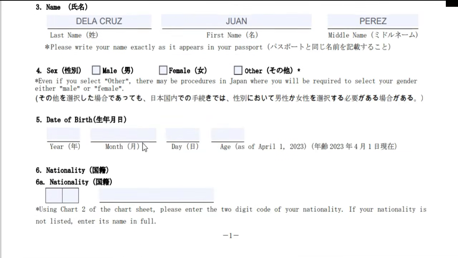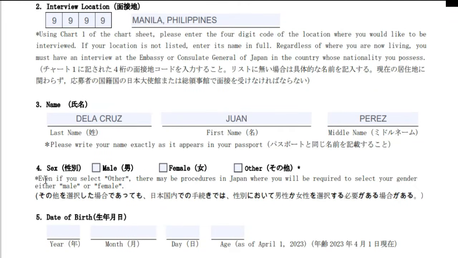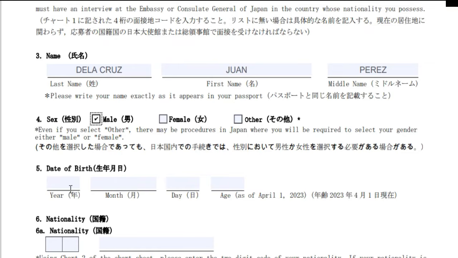And the next, number 4, for the sex: male, female, or others. Even if you select other, there may be procedures in Japan where you will be required to select your gender, either male or female. So I select male for this, and then for date of birth.